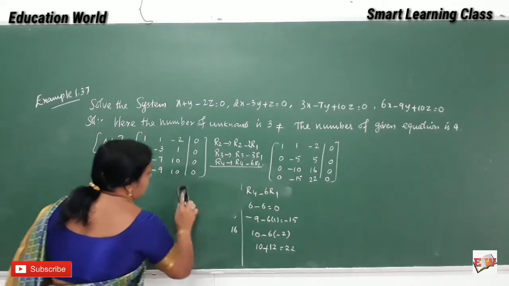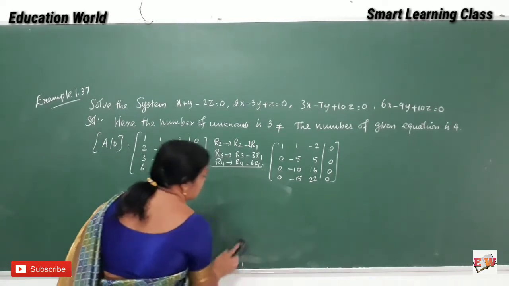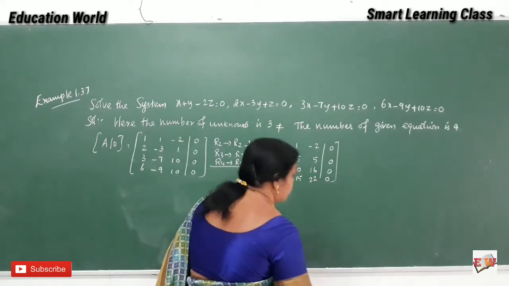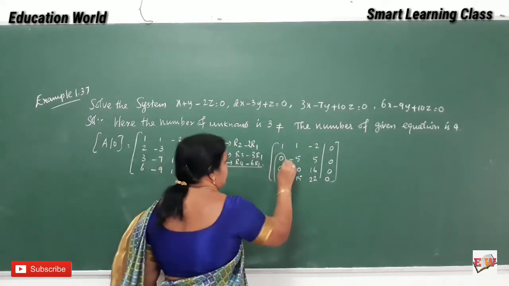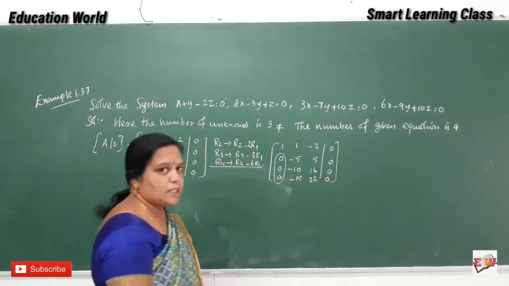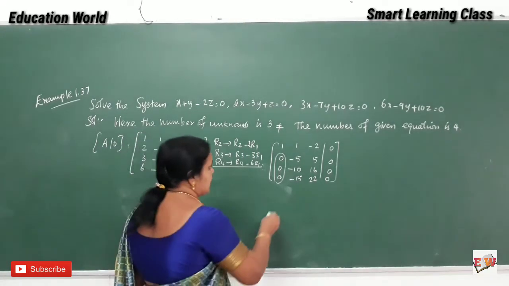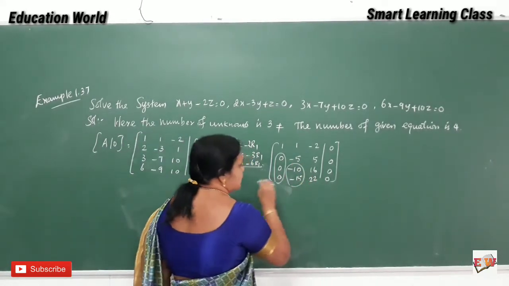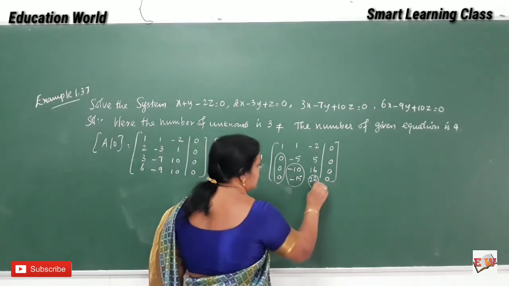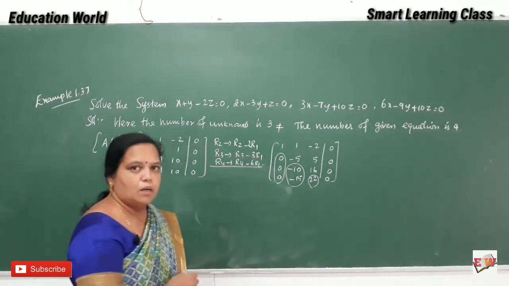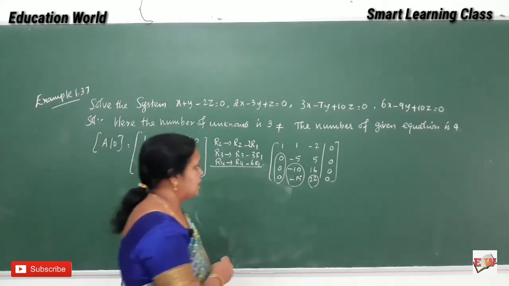We have to reduce this augmented matrix into row echelon form. In the first column, other than the pivot element, all entries below should be 0. In the second column, these two entries should be 0. In the third column, this entry should be 0, isn't it?